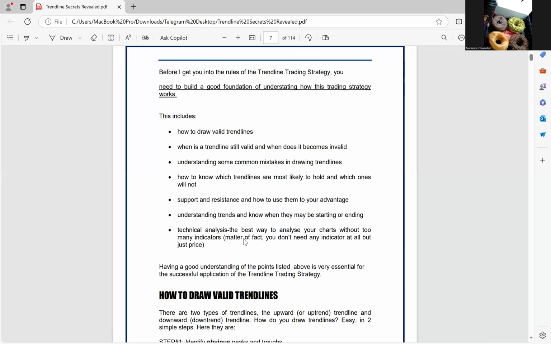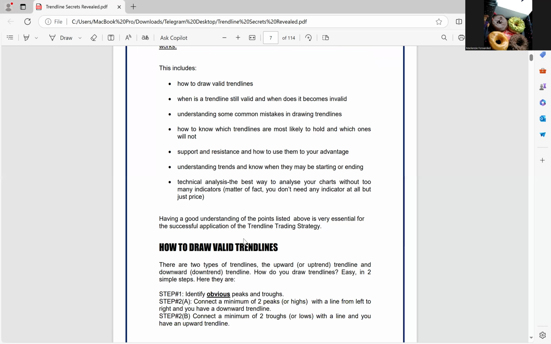Adding too many confluences messes up what you want to do and where you're looking at the market heading to. So that's it. And it goes on to say, having a good understanding of the points listed above is very essential for the successful application of the trend line trading strategy.